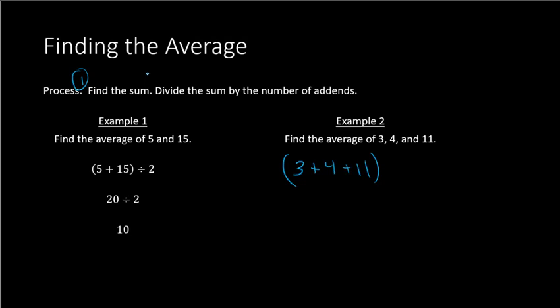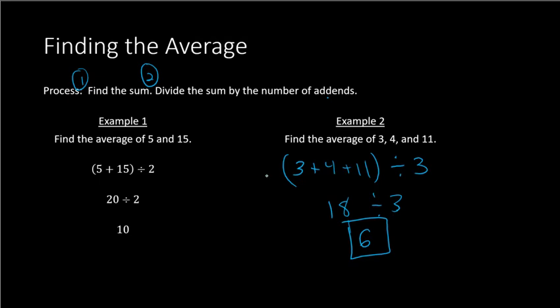And then step 2 is once you have that sum, you're going to divide by the number of addends. Well, in this case, we're adding 3 numbers together, 3, 4, and 11. So we have to divide by 3 in this case, because we're adding 3 numbers. So we do 3 plus 4 plus 11. That gives you 7 plus 11, which is 18. And then divide that by 3. And 18 divided by 3 is 6. So the average of the numbers 3, 4, and 11 is 6.